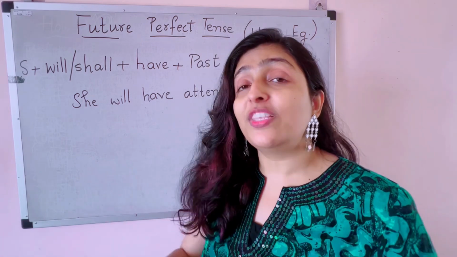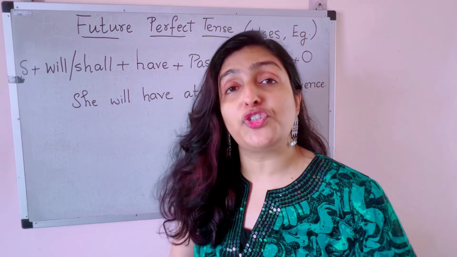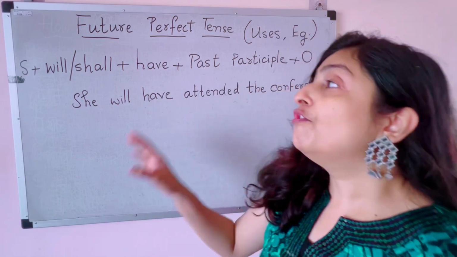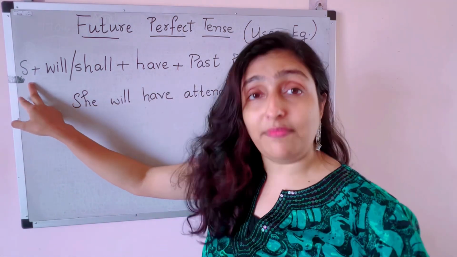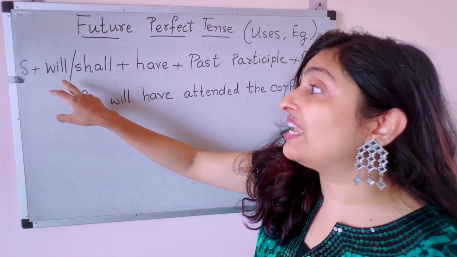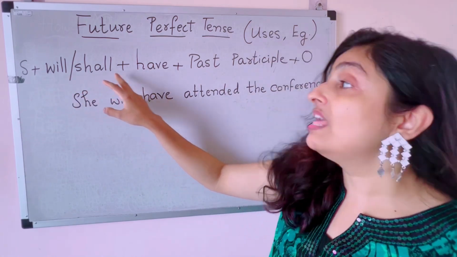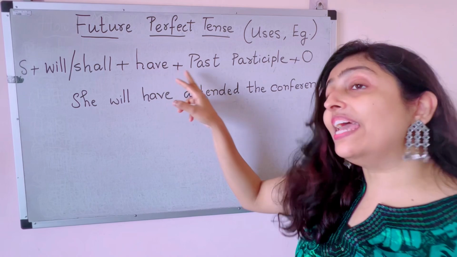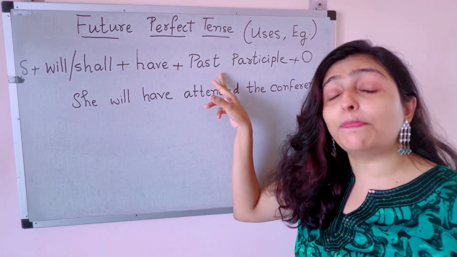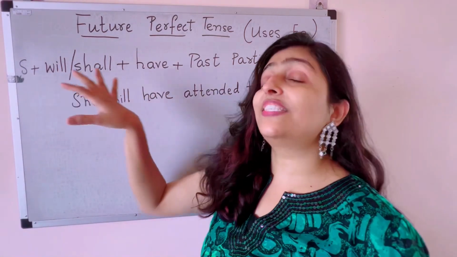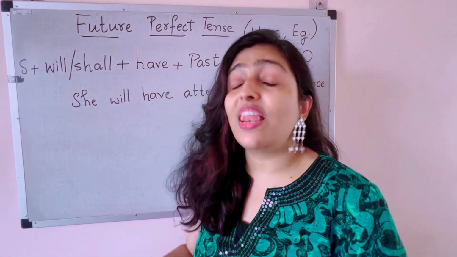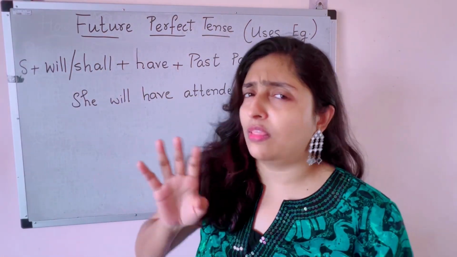You need to know the structure, the construction, the formula of future perfect tense. First comes the subject, followed by will or shall, then have, then comes the past participle, followed by the object. Now, where exactly we should use will and shall is discussed in the previous video.